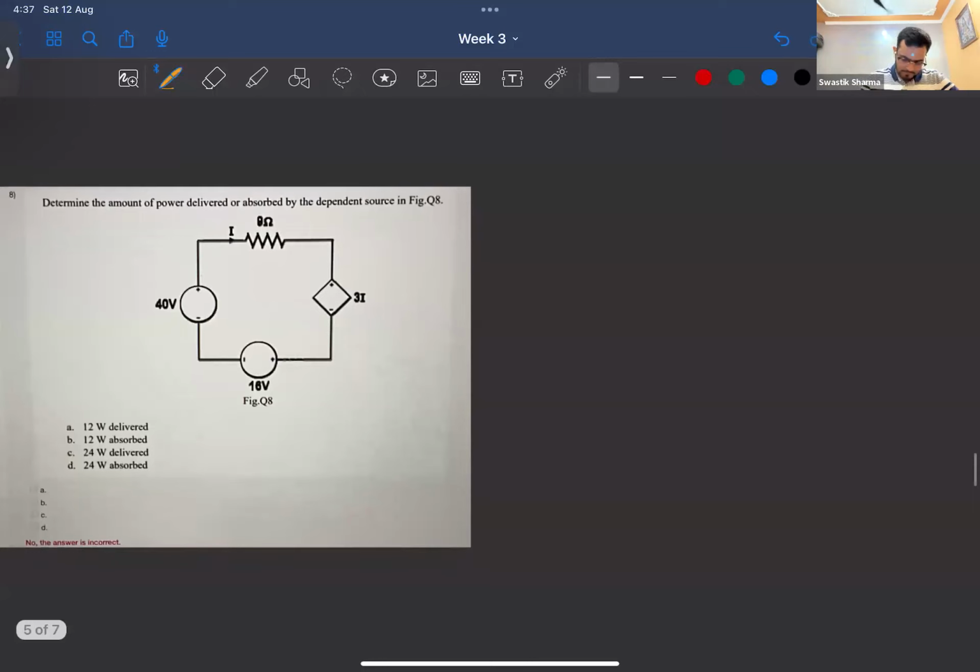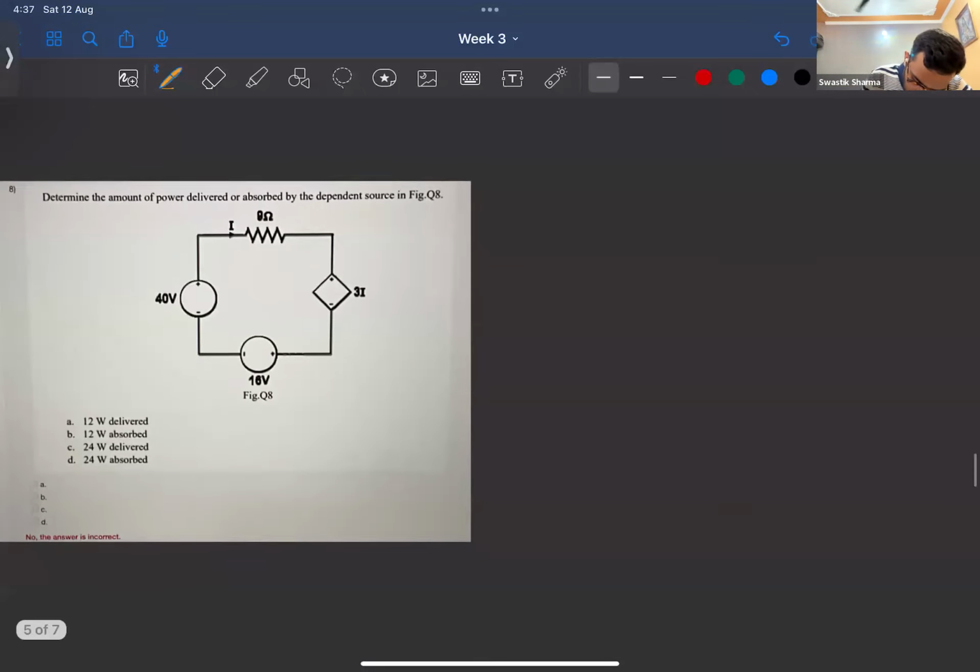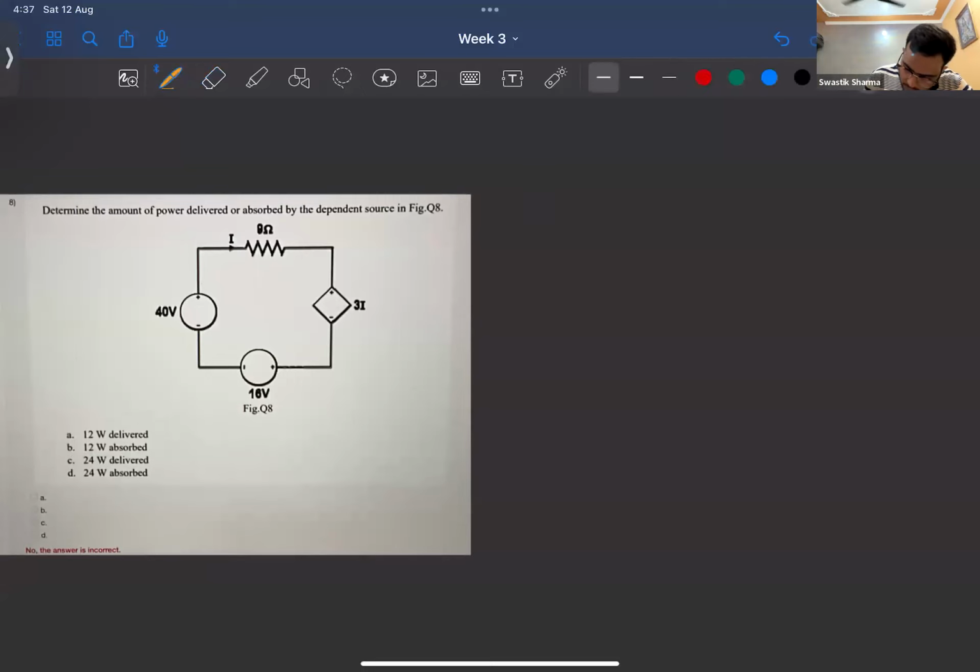Okay, let's solve it then. So the power delivered or absorbed by this dependent source is nothing but 3I into I, which comes out to be 3I square. So how will we find this I?